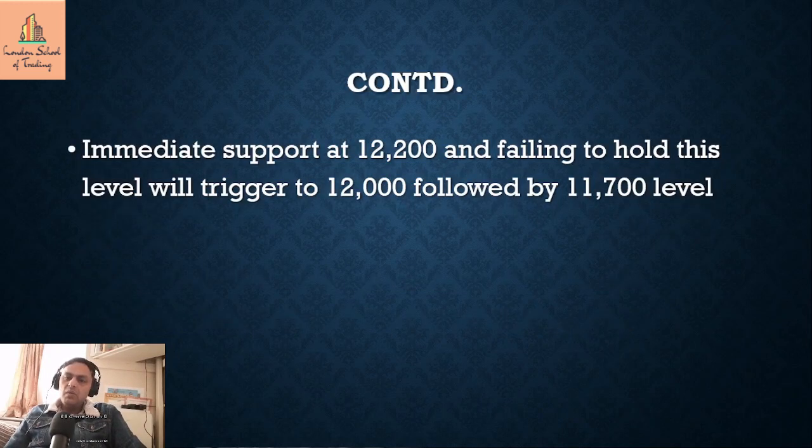Immediate support at 12,200 level is a very strong support level, but if it crosses this level, then the market sentiment will change from bullish to bearish, and failing to hold this level will trigger 12,000 followed by 11,700 level this week.